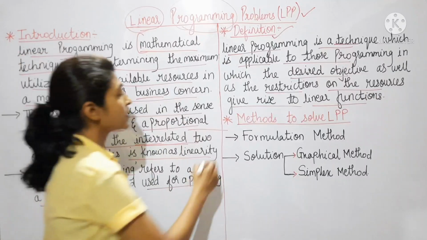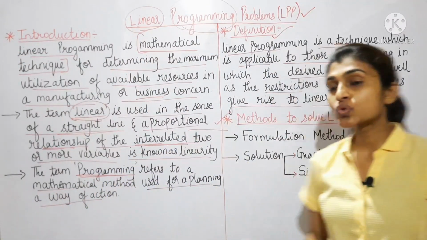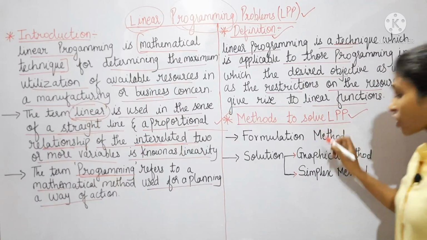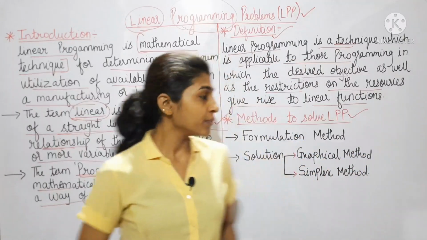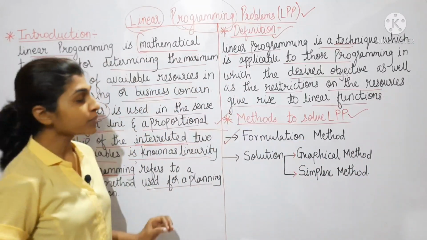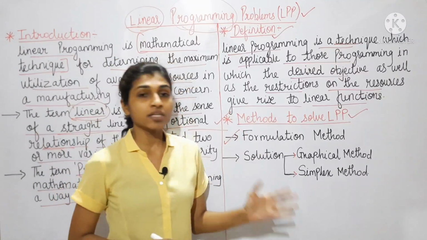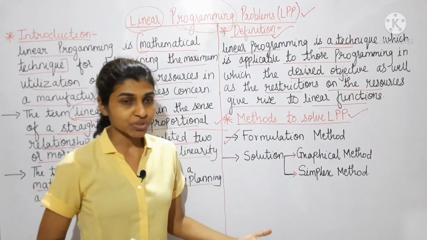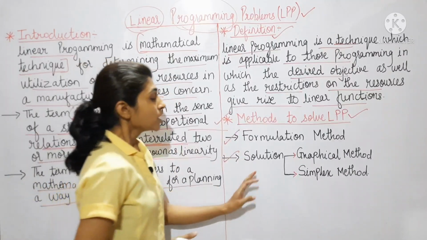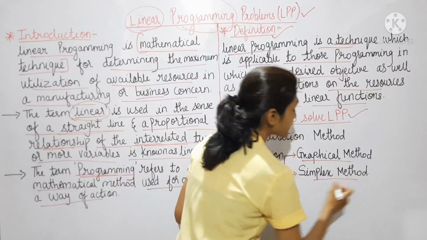Now next we'll see the methods. There are two methods to solve a linear programming problem. First is the formulation method. In this method we formulate the problem into equations. Next is the solution method. In the solution method there are two methods: graphical method and simplex method.